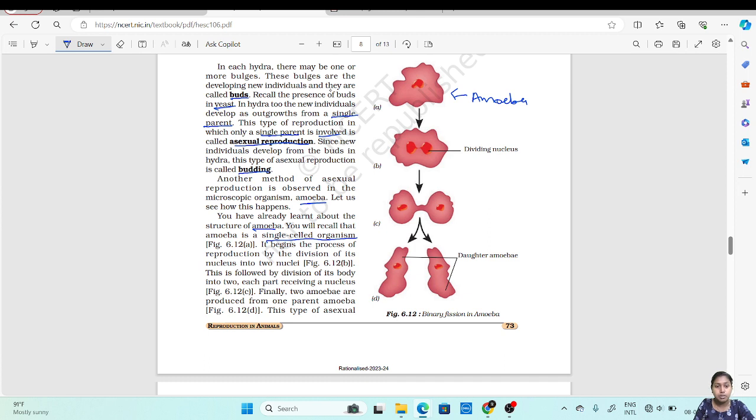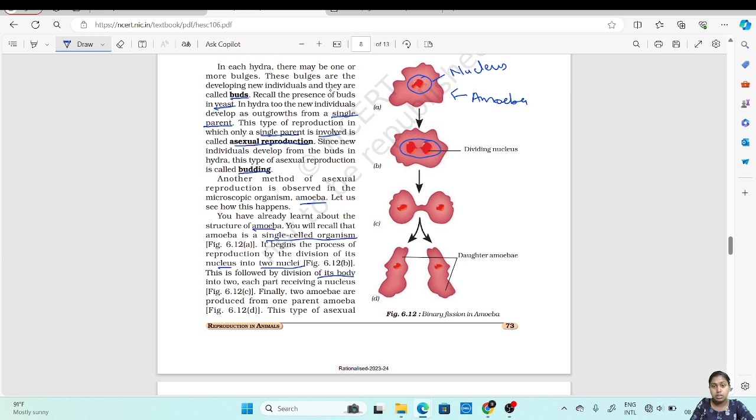It begins the process of reproduction by division of its nucleus into two nuclei. How does the reproduction of amoeba take place? It starts from the division of this nucleus. So this nucleus divides into two. Once the nucleus is divided, it is followed by division of its body into two, each part receiving a nucleus.